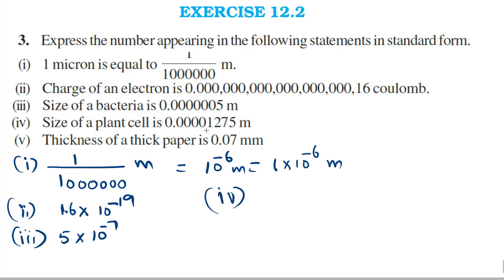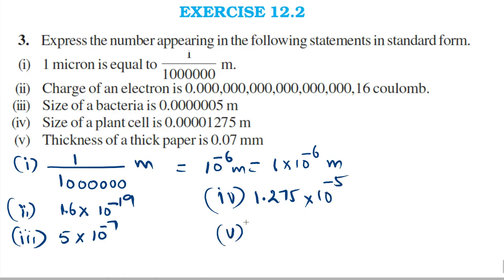Here we have 1275. These are said to be significant figures. So we can write this as 1.275, so that it will be between 1 and 10 times. Where should we move the point here? Between 1 and 2. So that means 1, 2, 3, 4, 5 digits we need to move, so we can write 10 to the power of negative 5.